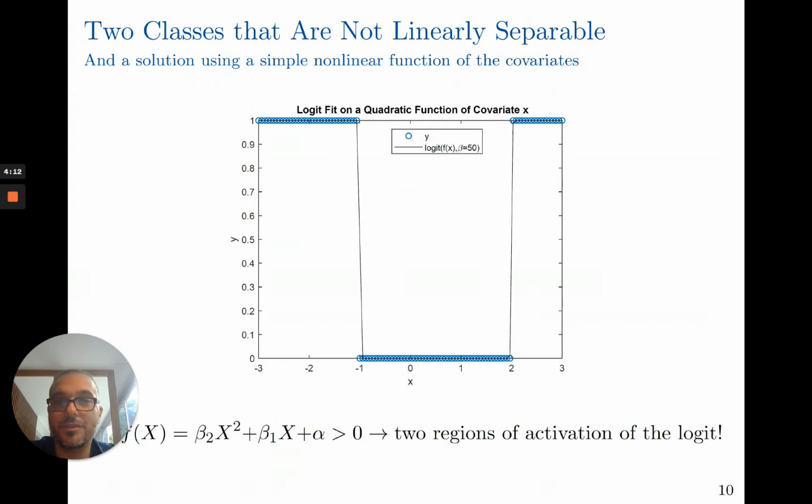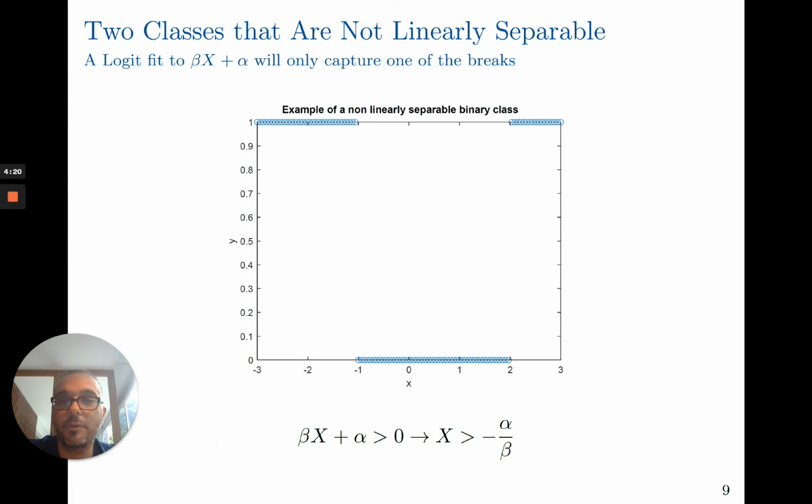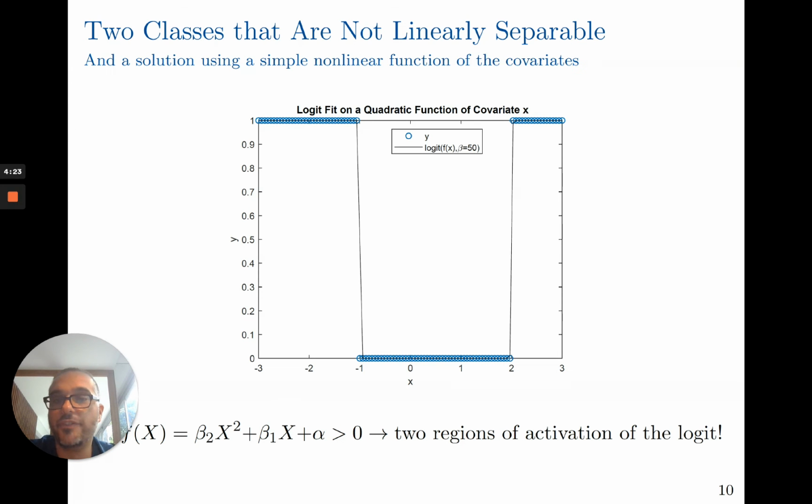If you fit a simple logit, you cannot do anything. But if you fit a logit of a square function, like beta 2 x squared plus beta 1 x plus an alpha, then you can fit this data perfectly. So the idea is to have this nonlinear argument to your probability function.